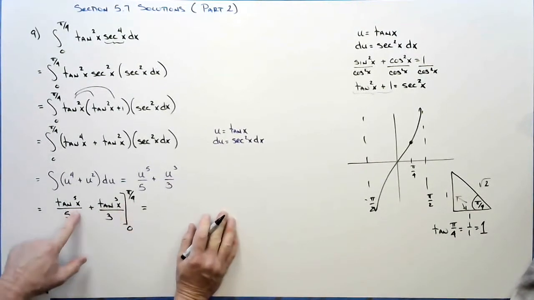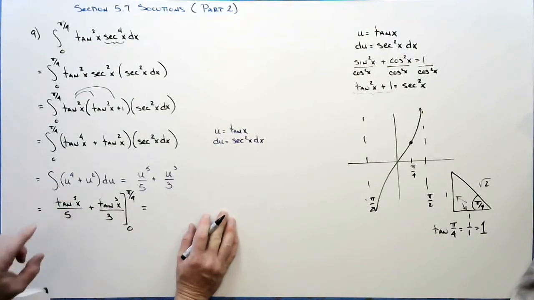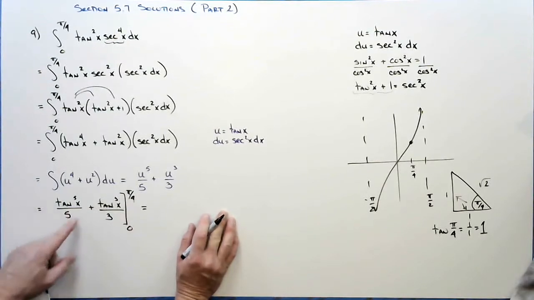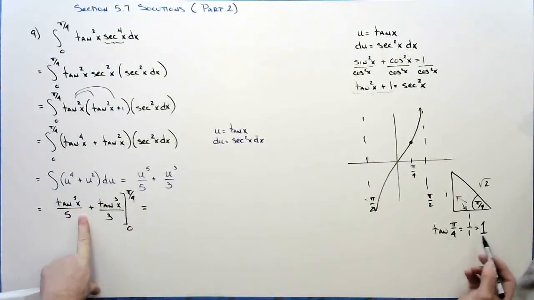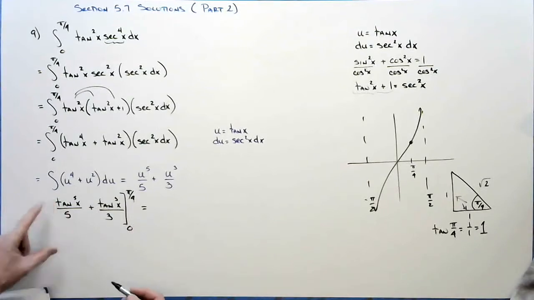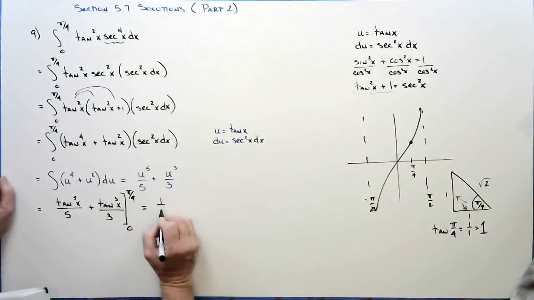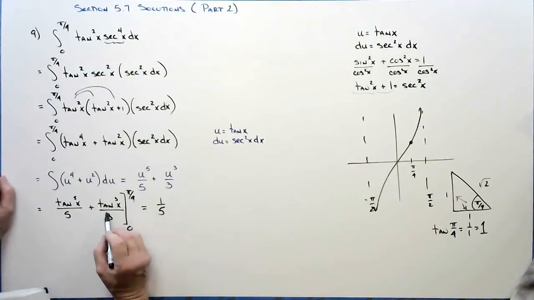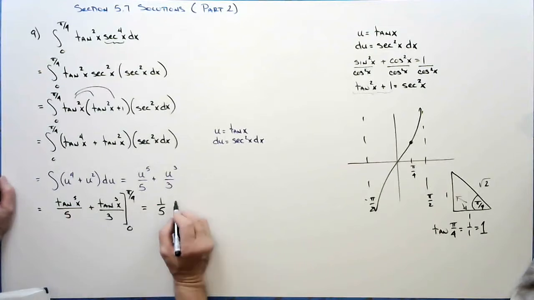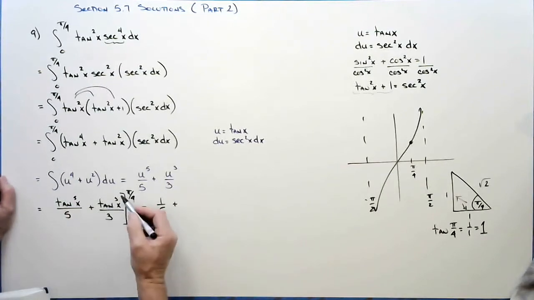So we come over here to evaluate this. We're going to plug in pi over 4 here. So we're going to get tangent of pi over 4 to the fifth. Remember your order of operations here. It's tangent of pi over 4 raised to the fifth power. Well, tangent of pi over 4 is 1. Raise that to the fifth power, you're going to get a 1. So that's going to be 1/5. Plus tangent of pi over 4 cubed.